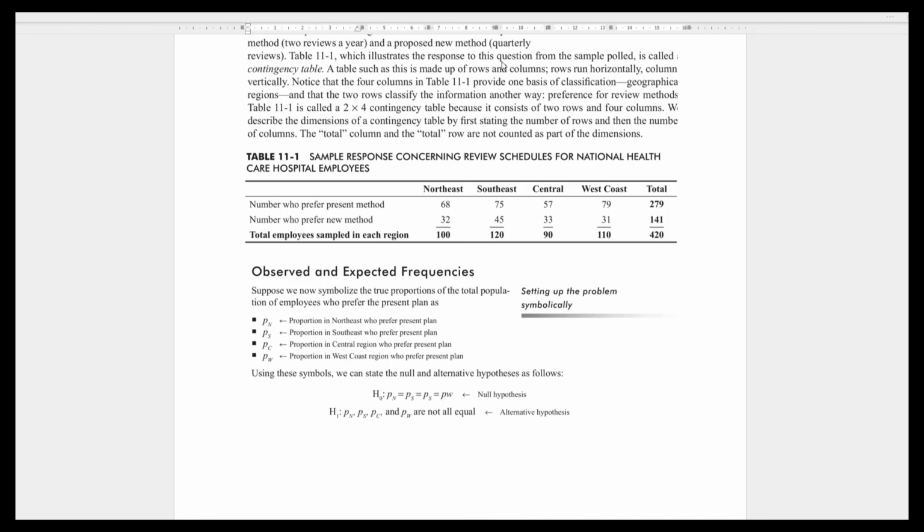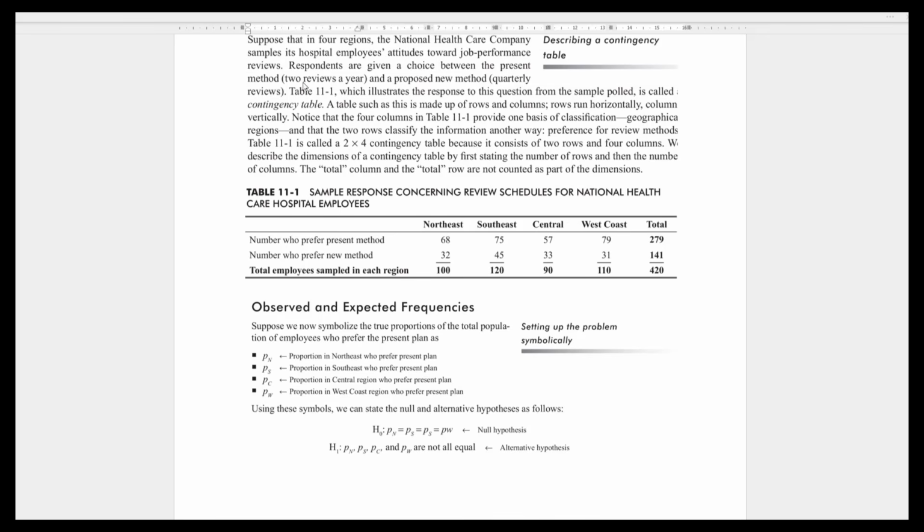The question is about the present method of performance review, two reviews a year, and the new method, which proposes quarterly reviews, that means three reviews a year.